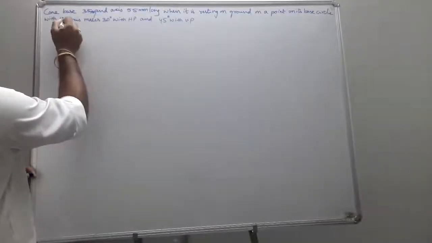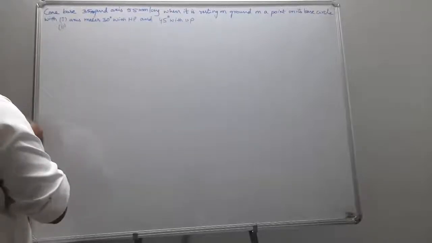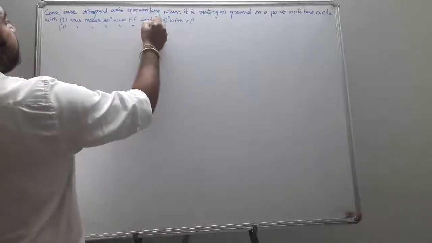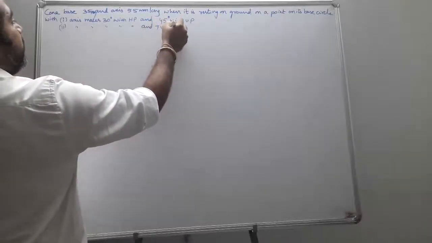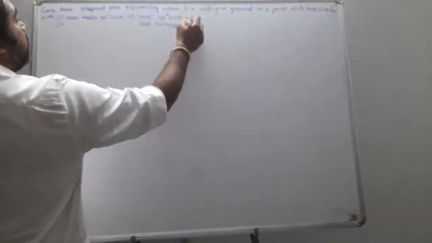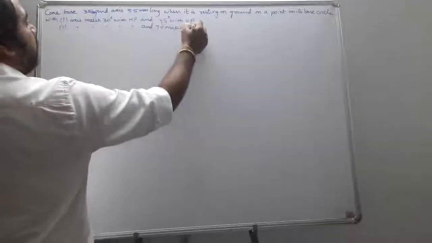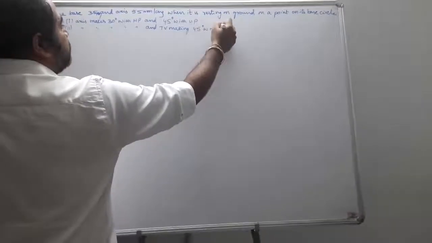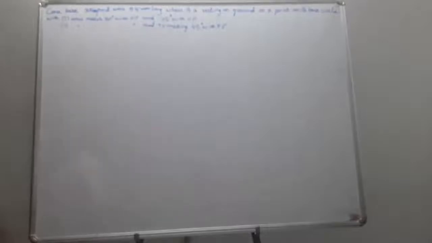Second bit: axis makes an angle of 30 degrees with HP and top view making 45 degrees with VP. Top view is making 45 degrees with the VP.